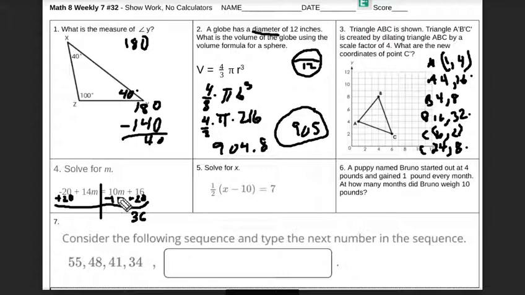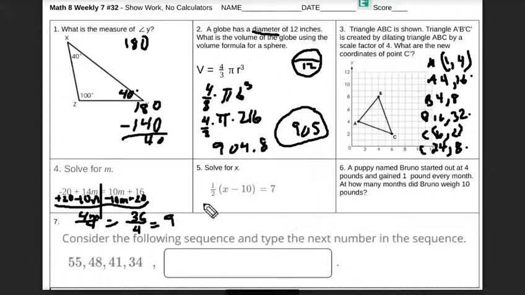Let's subtract 10 m's and subtract 10 m's, and it's going to leave us with 4 m's. We need to now divide by 4, divide by 4. We need to do 36 divided by 4, and that one's 9. Okay, so our m is 9.